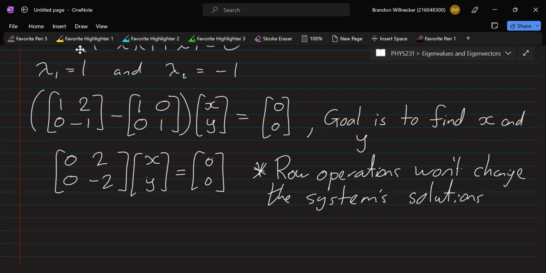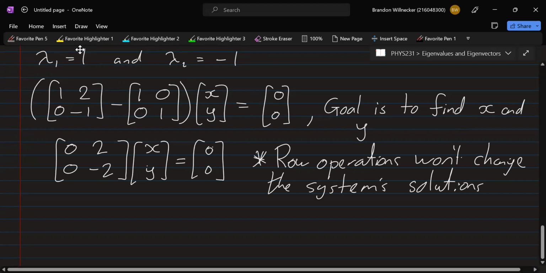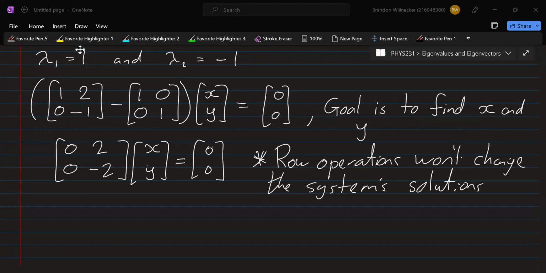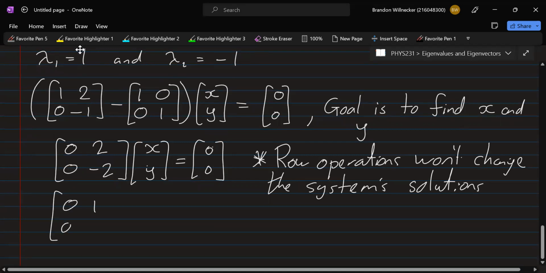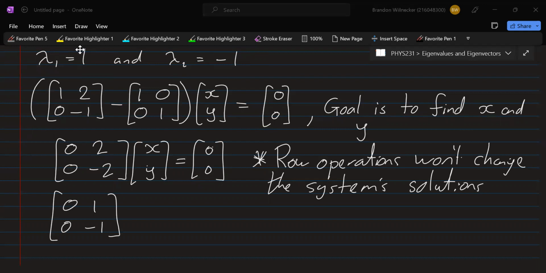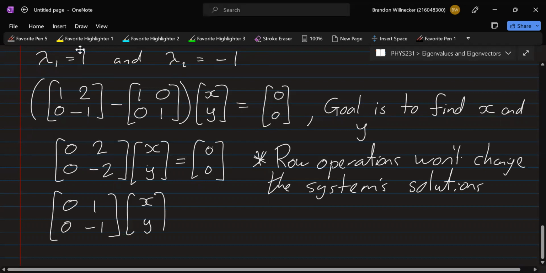Okay, which is very nice because we can simplify this down, and then that makes it easier to solve for x and y. Okay, so in this case, we don't really need to do too much. We can just write this as 0, 1, 0, minus 1, or we could just leave it as 0, 2, and 0, minus 2. In this case, it's very simple, so we don't need to. Times x, y is equal to 0, 0.